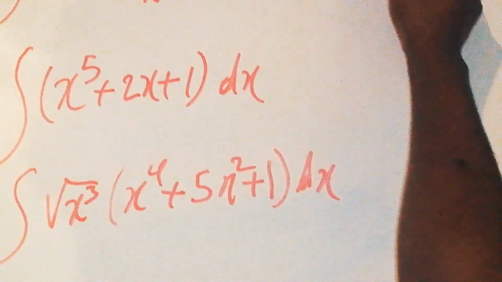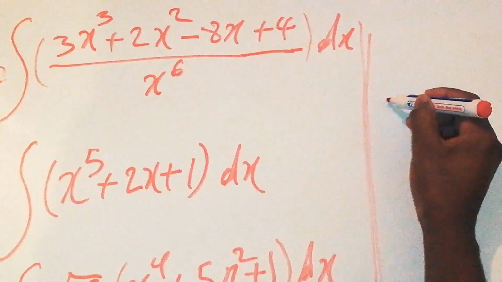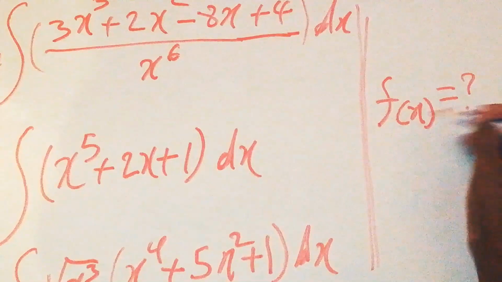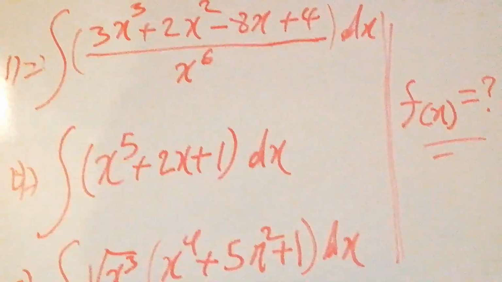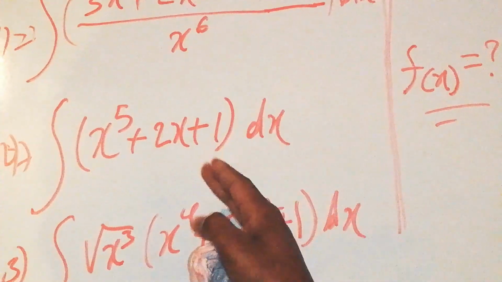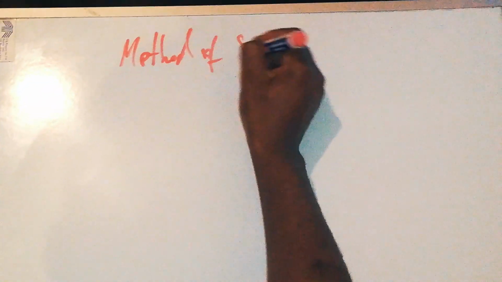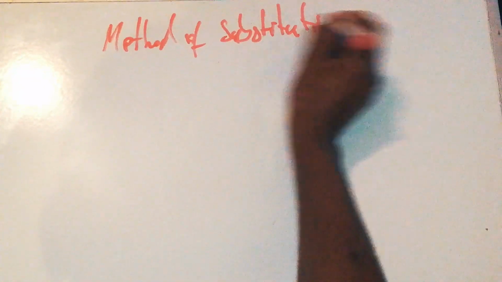I want you to find for me what f(x) is for each of them. So go through it and find the answers, and after that we're going to go another step further. Now let's talk about integration by the method of substitution.